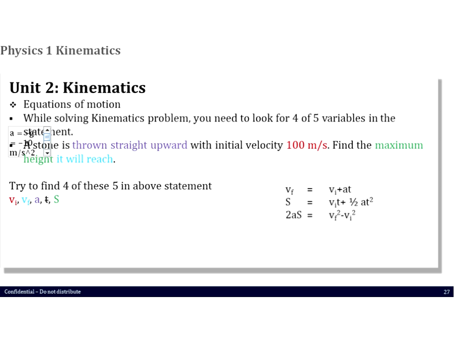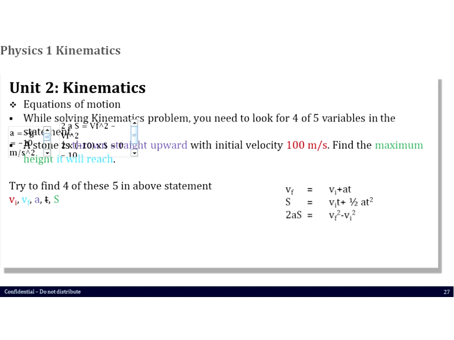A is minus 10. I hope you did not forget negative sign here. Multiplied by S, we don't know. And VF squared. What is VF? VF is 0. So 0 squared is equal to 0 minus VI squared. VI is 100. So 100 squared.